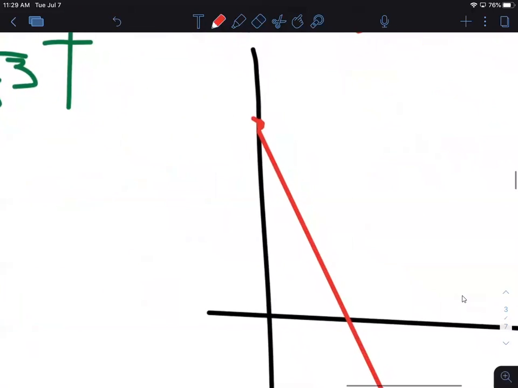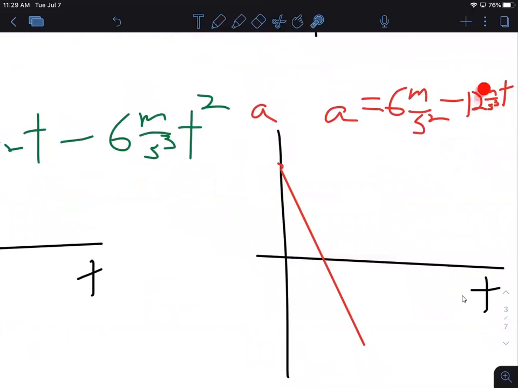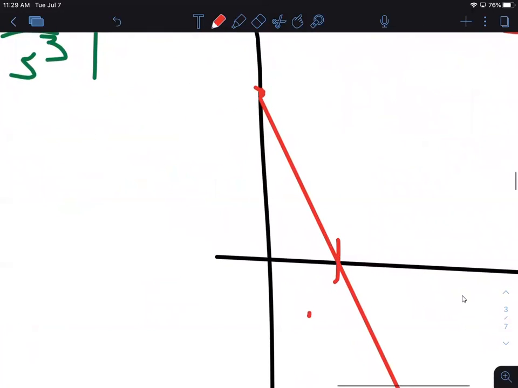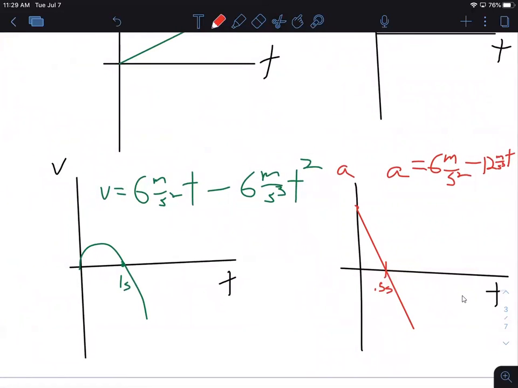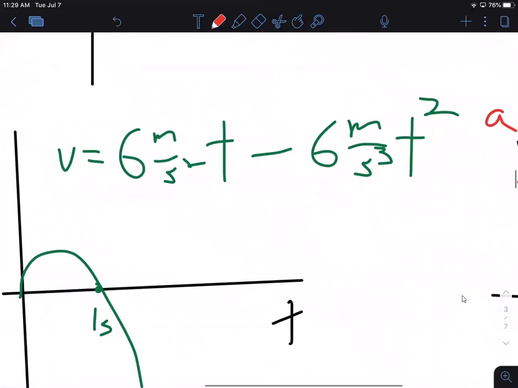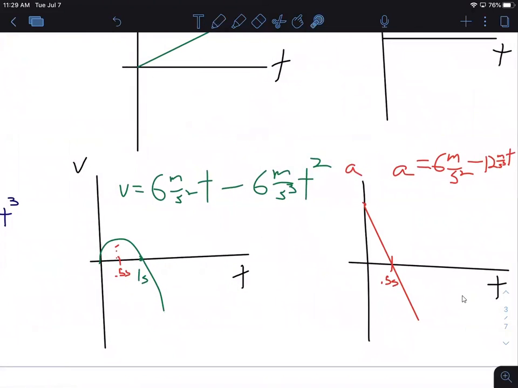When t is half a second, this is 0.5, I have 0 acceleration. And that would line up with right here, because the slope at that point is 0.